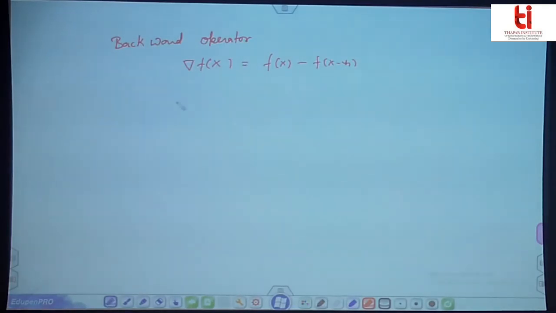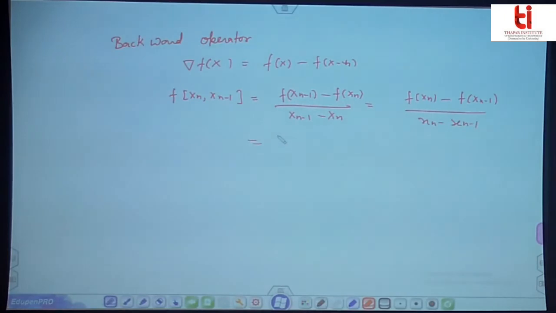Now write the divided difference in terms of the backward operator. f of xn, xn minus 1 is f(xn) minus f(xn minus 1) upon xn minus xn minus 1.